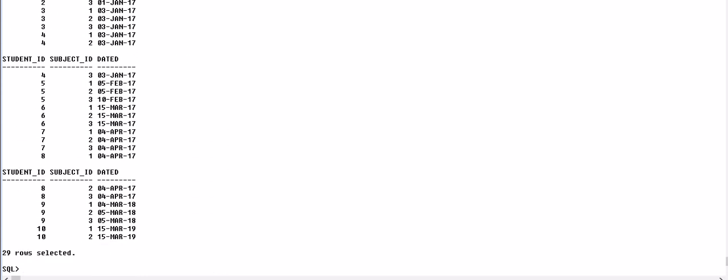So date divided by 12, where TRUNC of MONTHS_BETWEEN this, so it will calculate the years, is greater than 3. So we have the following students.